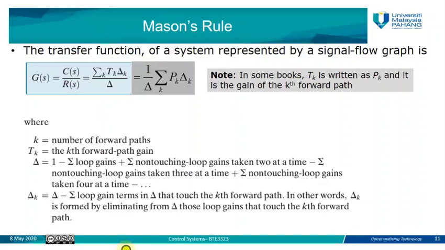When I say delta 2, it is the value of delta minus the value of the gain of loops which touch the second forward path, and so on. We will see in the example how to apply these and find these parameters in order to formulate Mason's rule and find the transfer function of the signal flow graph.